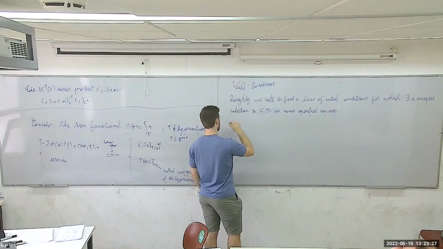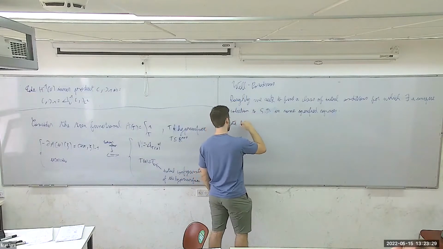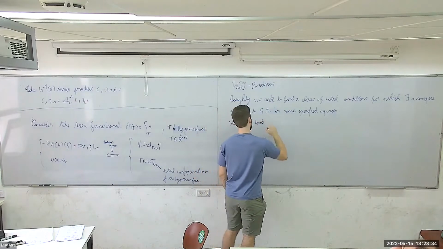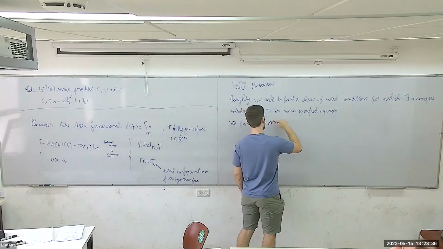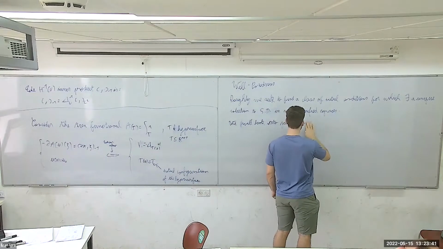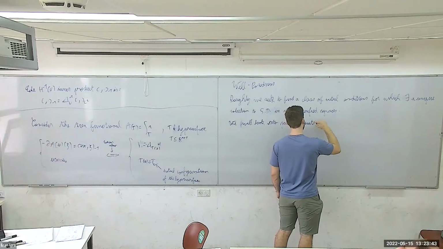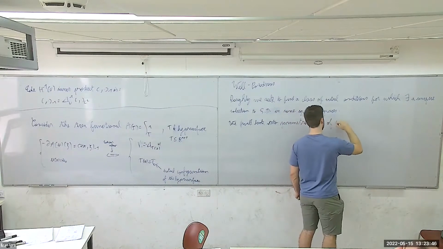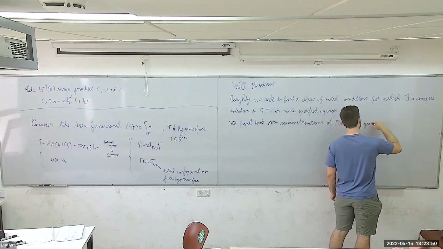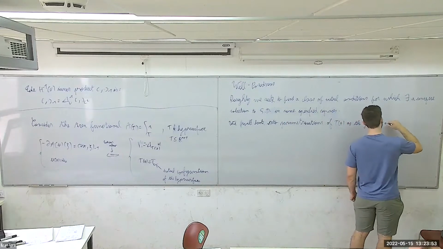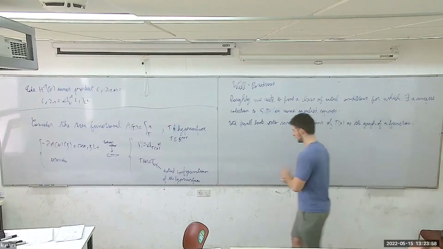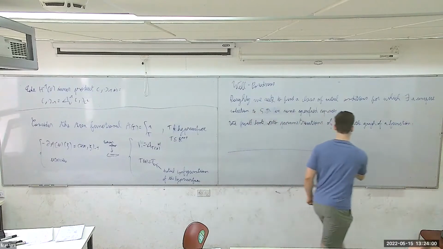So in this talk, we will look into parameterizations of gamma as the graph of a function. All right. So let's draw that.